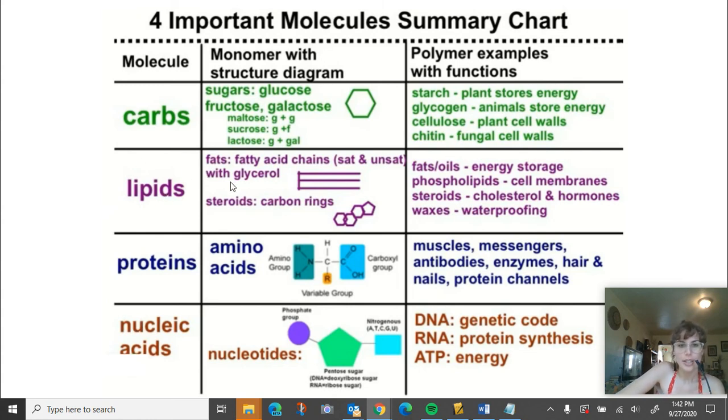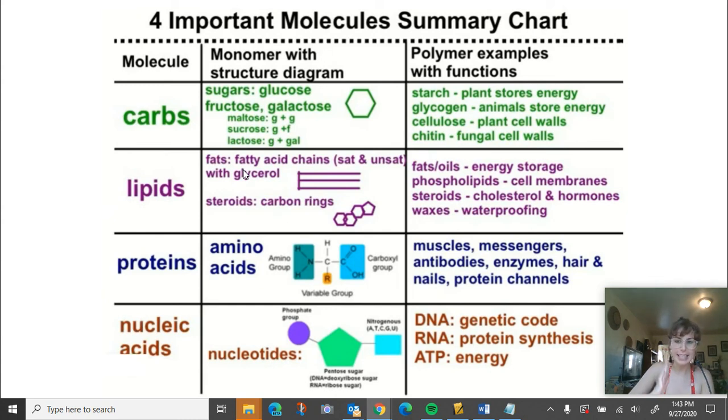We learned the 2 big categories of lipids are fats and steroids. Steroids, you can identify them via their carbon rings. Fats are fatty acid chains, okay, that are bonded to a glycerol. All right. And you can have either saturated fats or unsaturated fats. Saturated fats are solid at room temperature because they just stack right on top of each other because they're so saturated with hydrogen, versus our kinky fats.